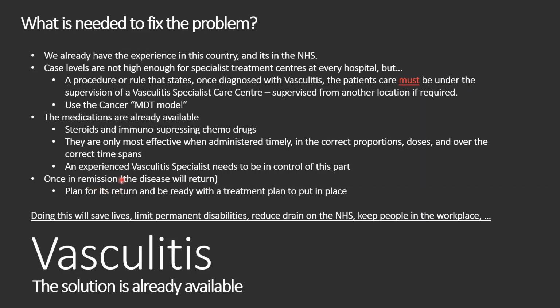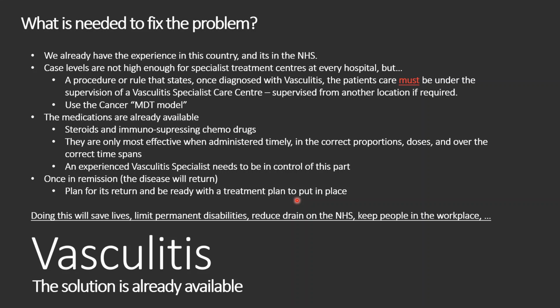Once in remission, the disease is going to return. You're in remission, that's great. Don't start celebrating until you've got a plan in place. Plan for its return. Be ready with a treatment plan put in place, something you can pop down to the GP, you can set in motion. Or whatever it is, find out what the plan is. Get a plan in place.